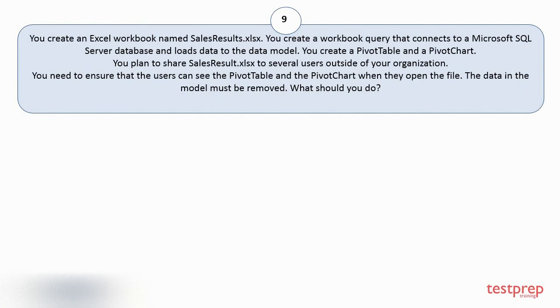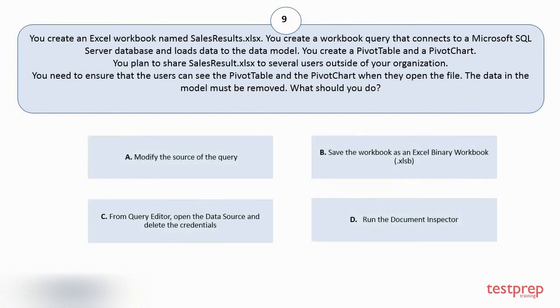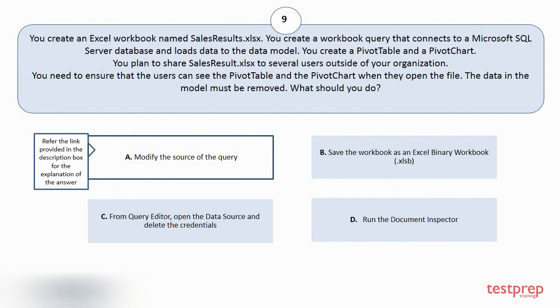The data in the model must be removed. What should you do? Your options are: A. Modify the source of the query. B. Save the workbook as an Excel binary workbook. C. From Query Editor, open the data source and delete the credentials. D. Run the document inspector. The correct answer is option A.